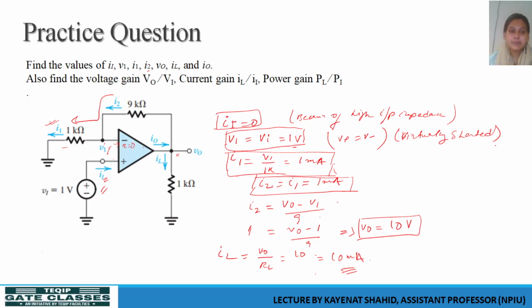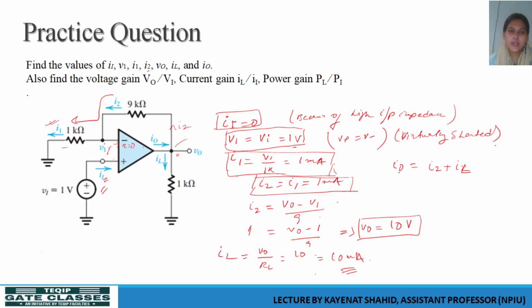So here we can see that IO is this current I2 and this IL. So IO we can write as I2 plus IL. This is nothing but the summation, again applying KCL at this point.